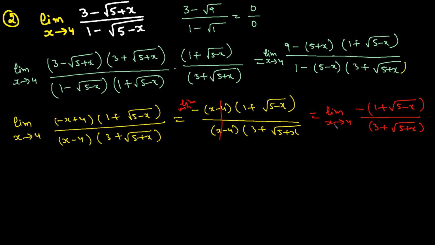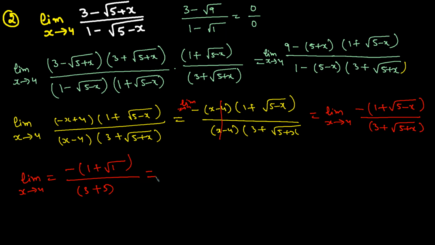Okay, so now we plug in the value of x over here. Let's see what we will get. If we plug in 4 instead of x, we get negative times (1 plus root of 5 minus 4, which is 1), and 3 plus root of 5 plus 4, which is 9, and the square root of 9 gives me 3.